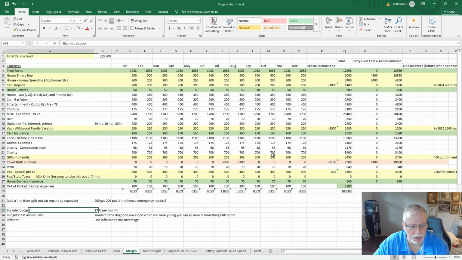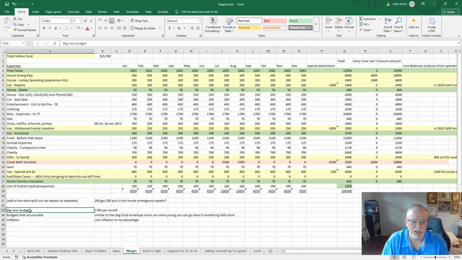So the first thing we're going to talk about is you have a miscellaneous budget, right? I'm going to talk about this over and over. You've got to find a nice balance between how much to put in your miscellaneous budget, because you don't want to put too much, to the point where it's just your entire budget. On the other hand, you don't want to be tracking every little thing, because if your budget is too hard to track and too hard to maintain, you just won't do it.